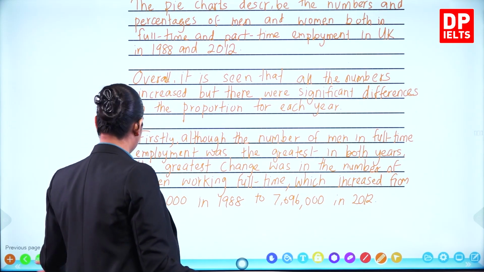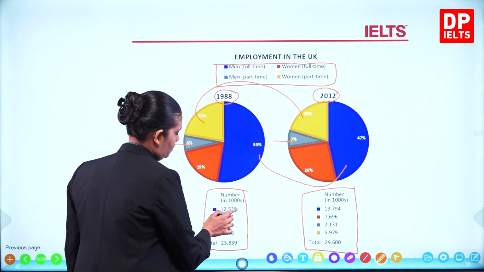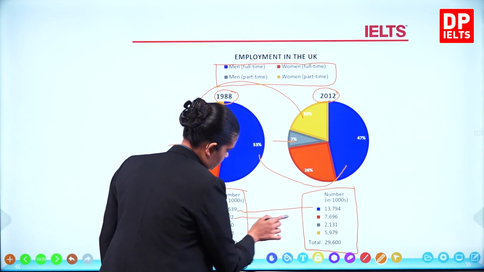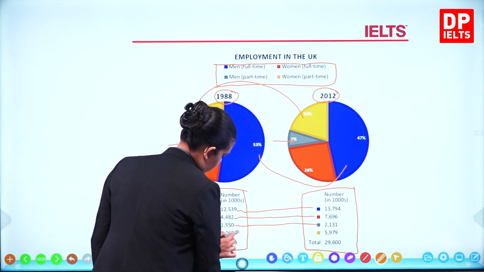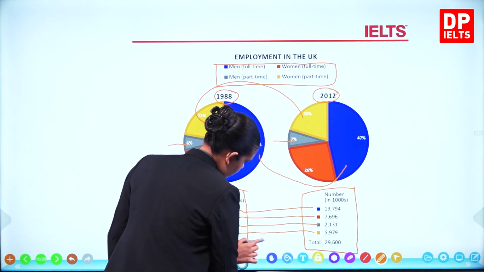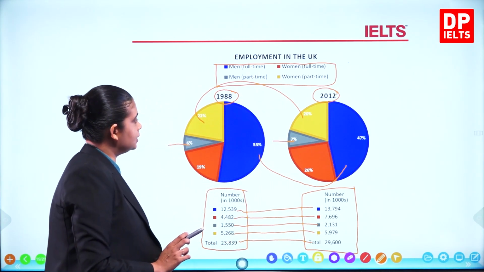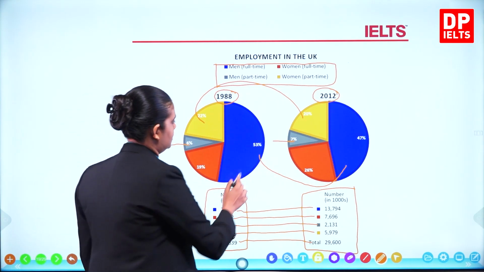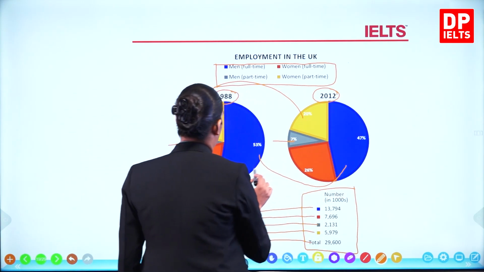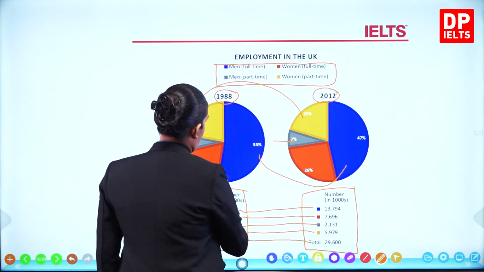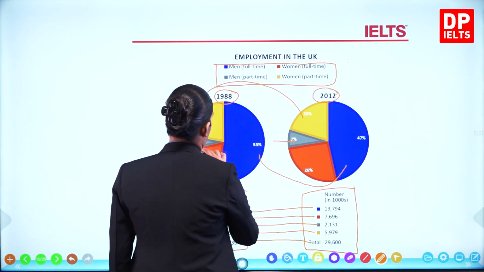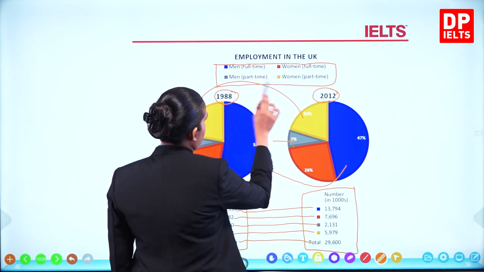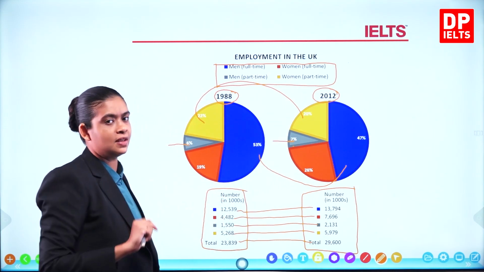Now if you can see here, the numbers have increased. Remember I was talking about it? Numbers have increased, but in terms of percentage, there is a drop. This has reduced, this has increased, this has increased and this has reduced, but the numbers have increased.